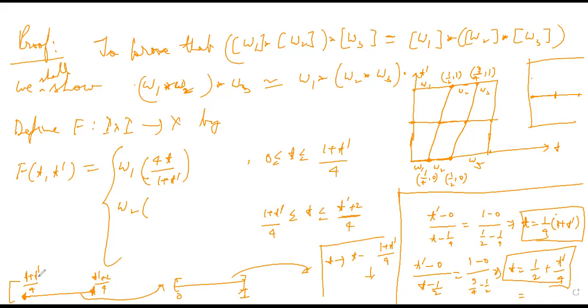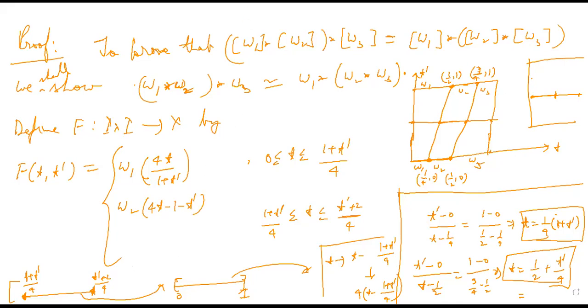If you subtract this from this, it is 1 upon 4, so you have to stretch 4 times. So this is 4 times t minus 1 plus t prime upon 4, which is 4t minus 1 minus t prime.